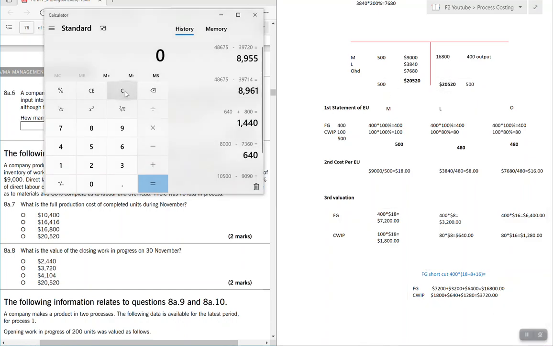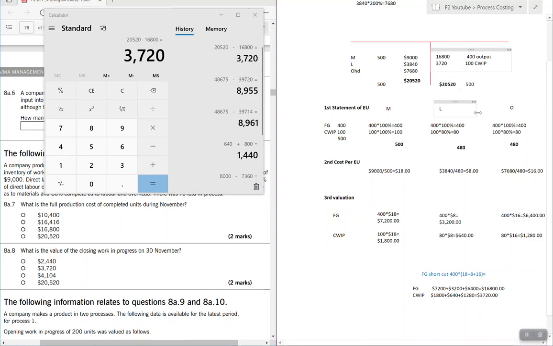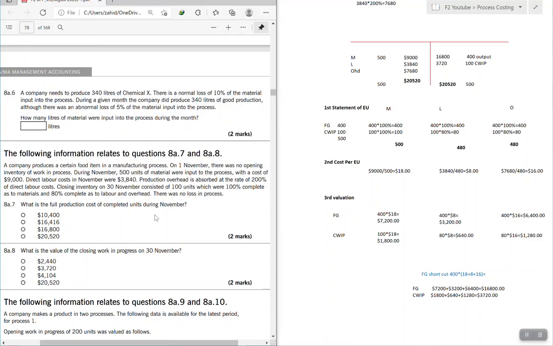And let's see whether it is the same. So you could find one thing. By finding one thing, you can find two things. But if you want to be confident that your calculation is correct, find both of them.